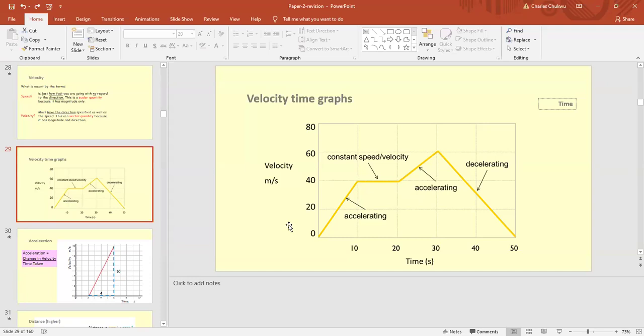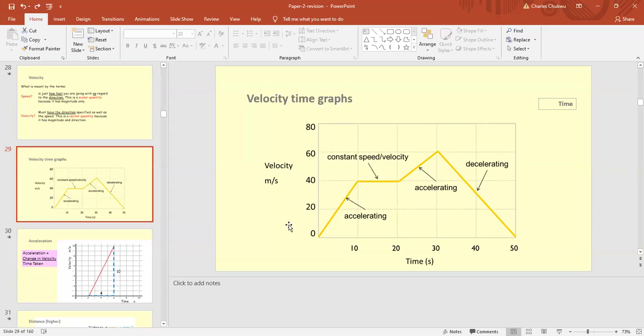So whenever you have graphs like this, please take note that if it's a graph of velocity against time on the x-axis, the area under the graph is going to give you, sorry, okay, the acceleration, while the area under the graph for speed, distance, as in a speed, distance, and time graph, I think that one just gives you speed.